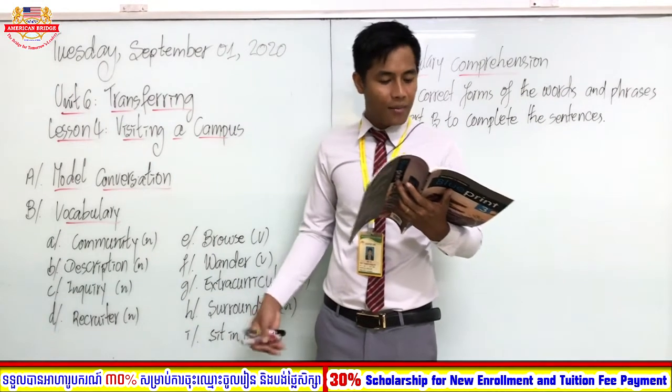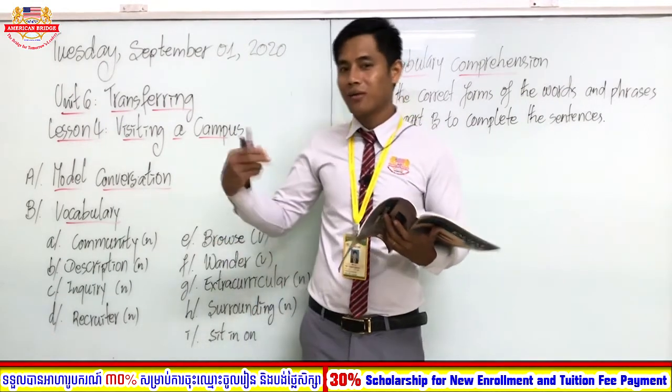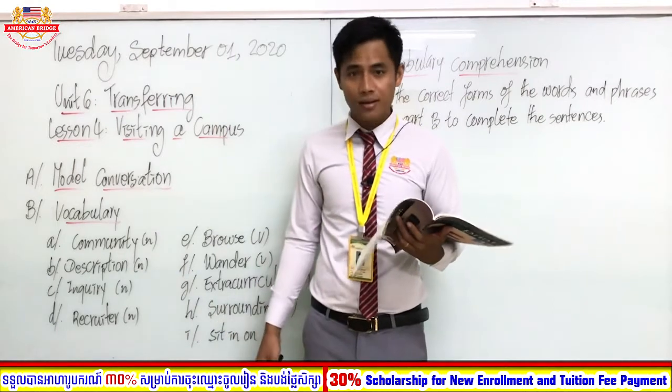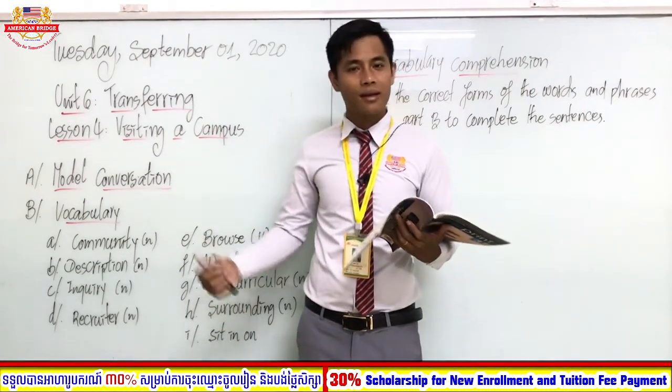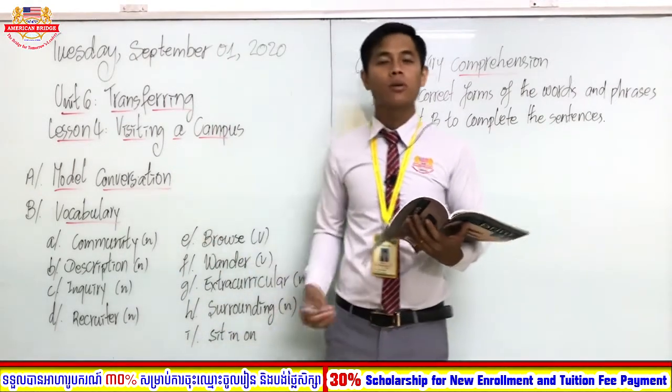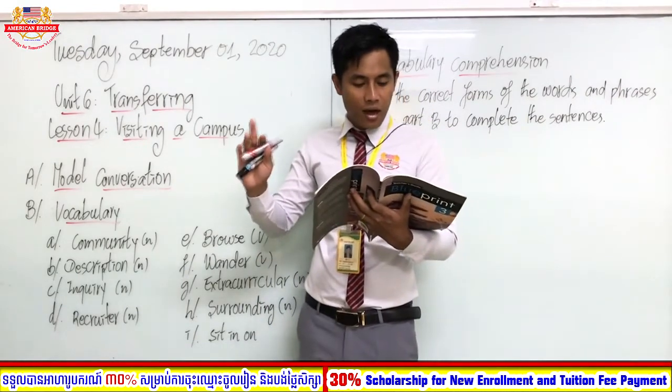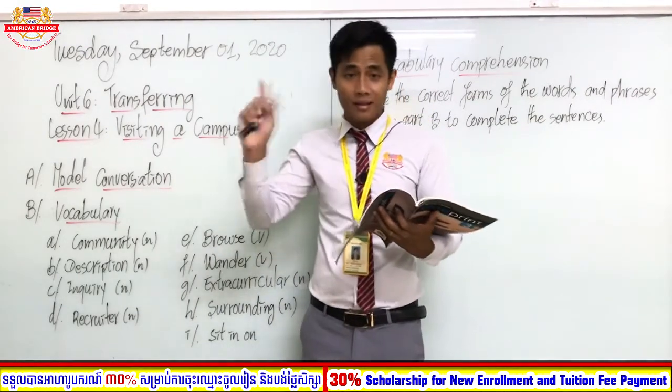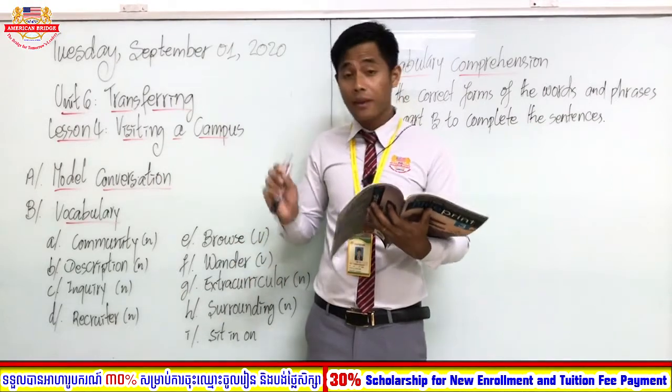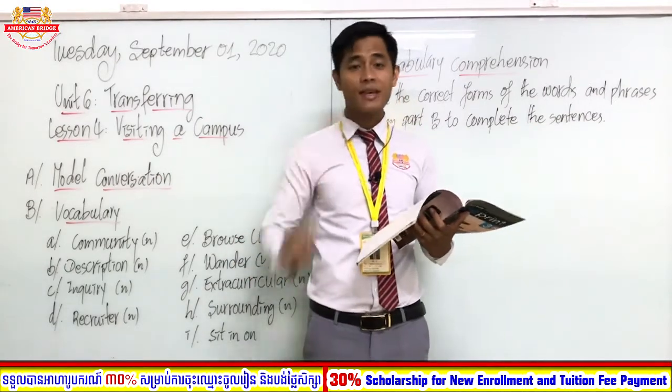How about eating? How about visiting Angkor Wat? Or how about traveling around the world? So this is the way that we use how about and what about plus verb plus ing. How about and what about have the same meaning.